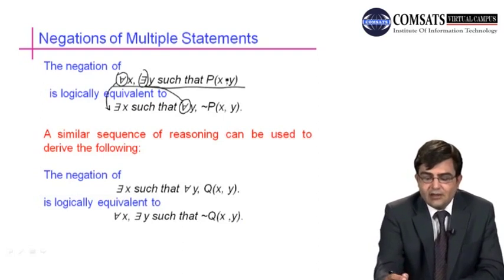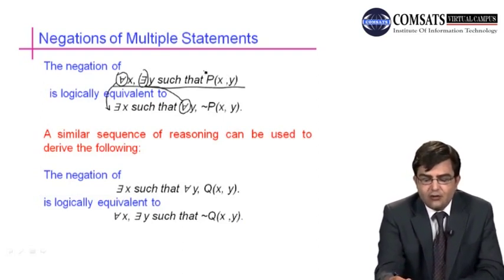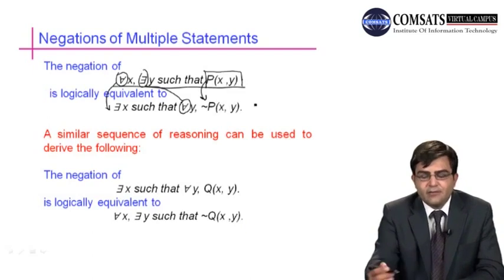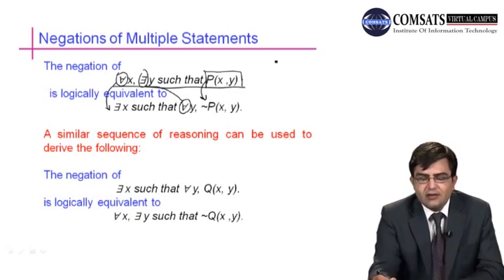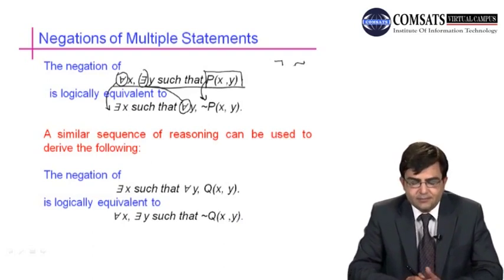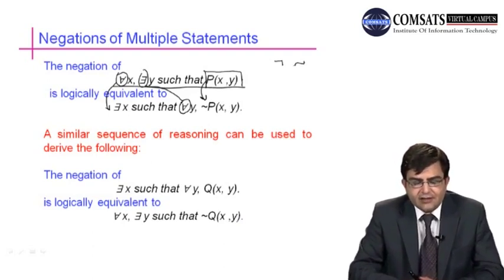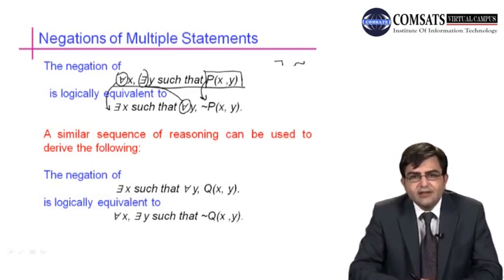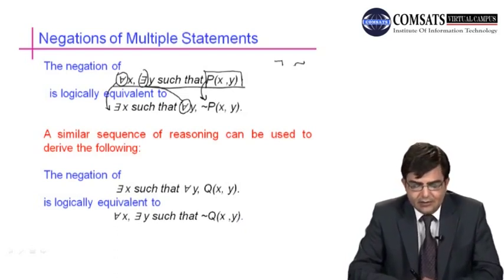And then we'll take the negation of the predicate. We take the negation of this predicate here, not P, as I've told you that we can denote negation this way, or we can denote it by this sign which is called tilde. So how to take the negation of statements which involve multiple quantifiers?